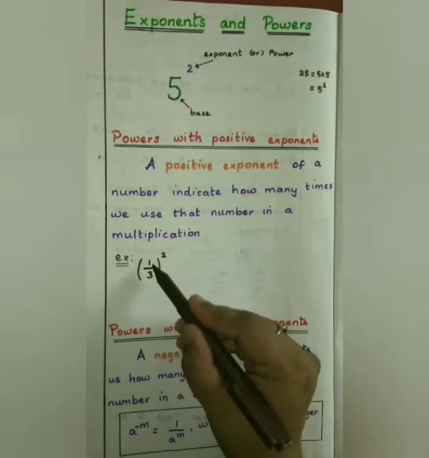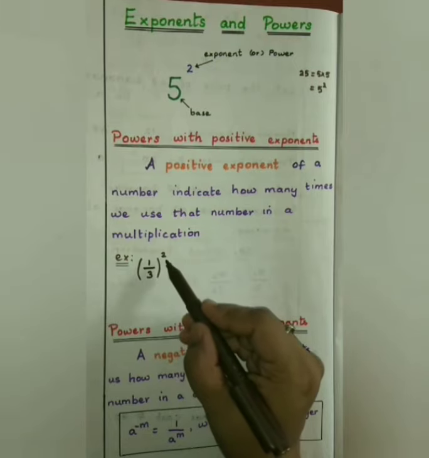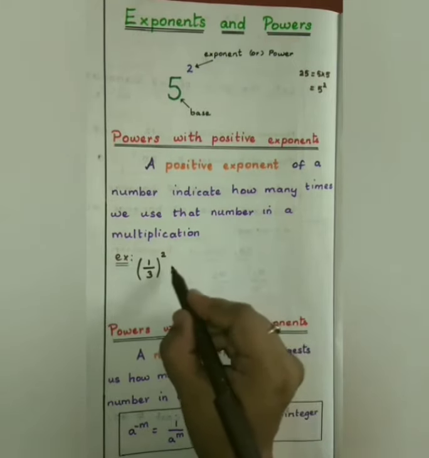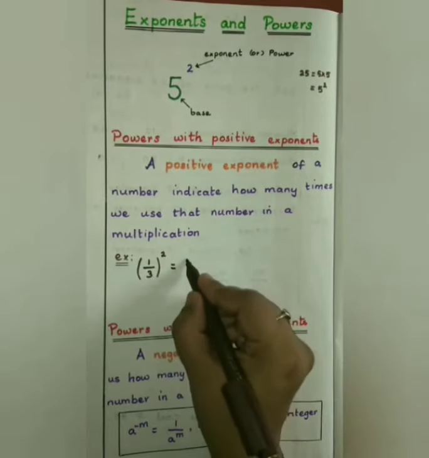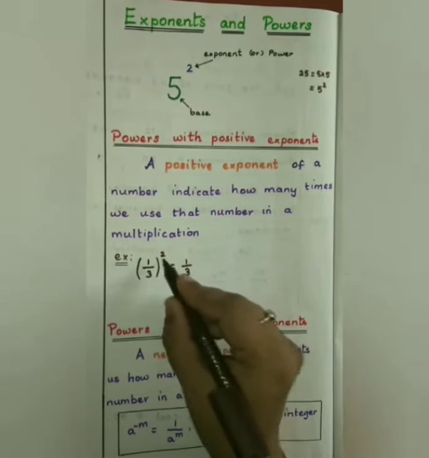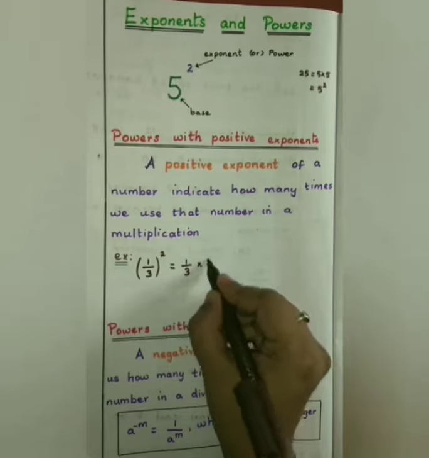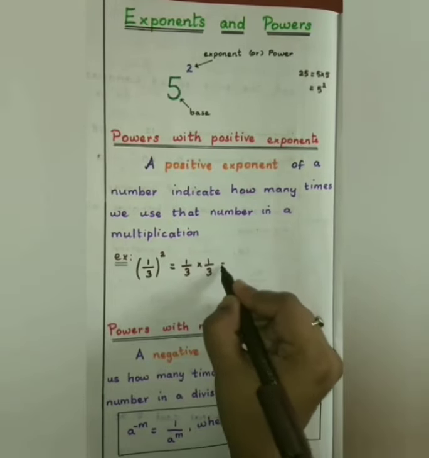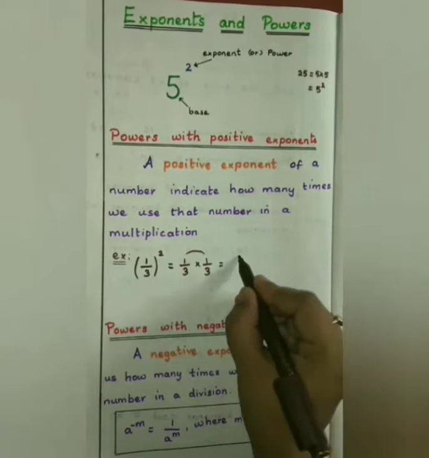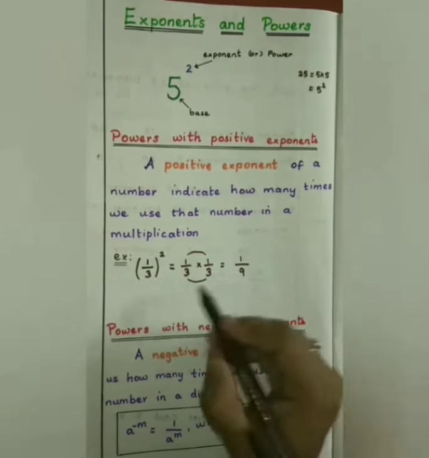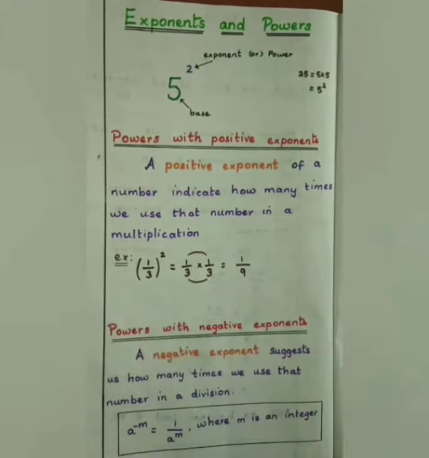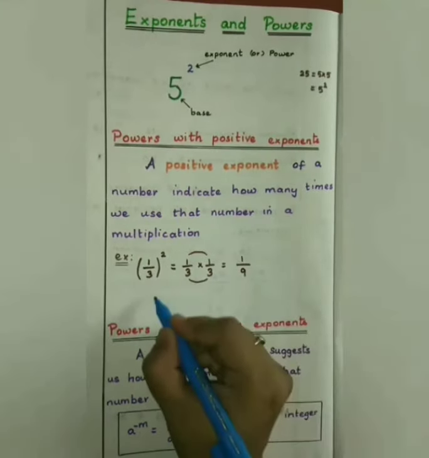Here the base number is 1/3 and the exponent is 2. So to find the value, you multiply the base number, that is 1/3, 2 times. 1 into 1, 1; 3 into 3, 9. So the value of (1/3)² is equal to 1/9.